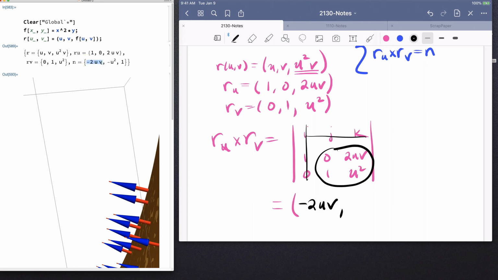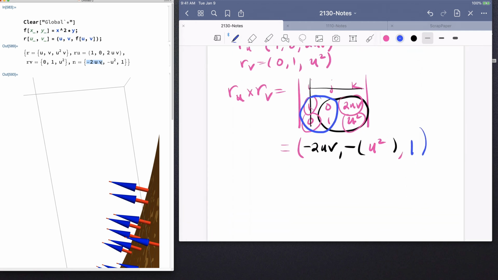The j entry gets an artificial minus sign. Then we focus on the remaining terms, and we get 1 times u squared minus 2uv times 0, which is u squared. And then for the last entry, the k entry, it comes out to be 1.